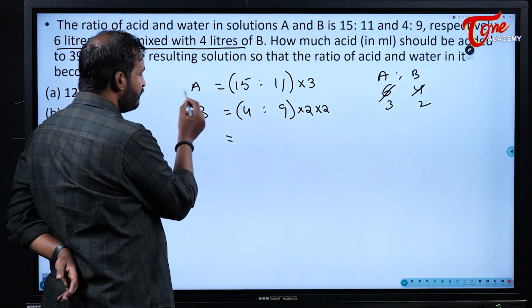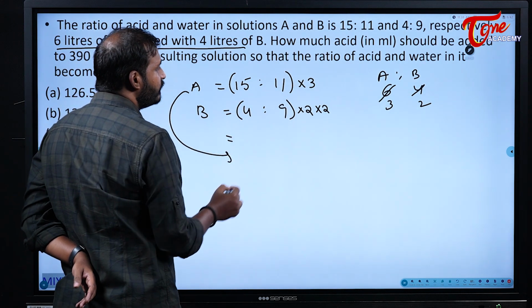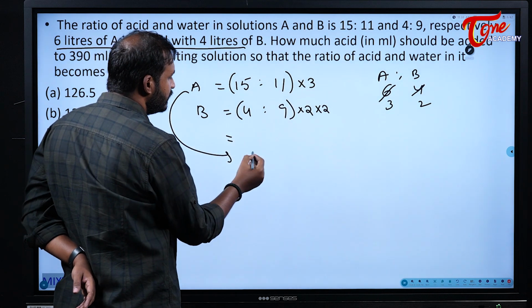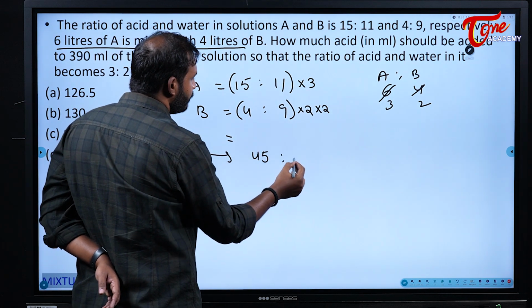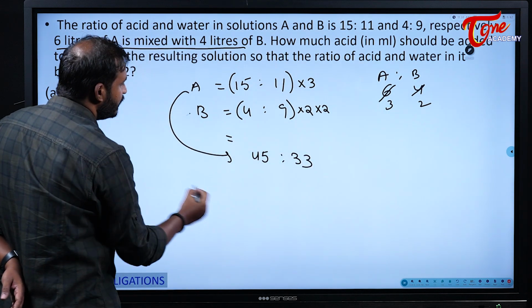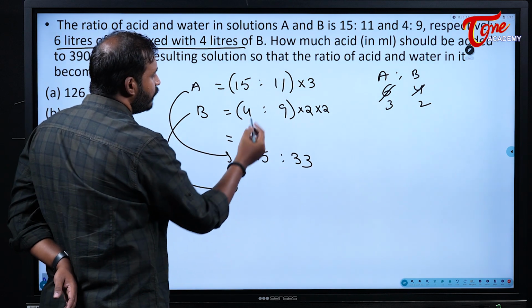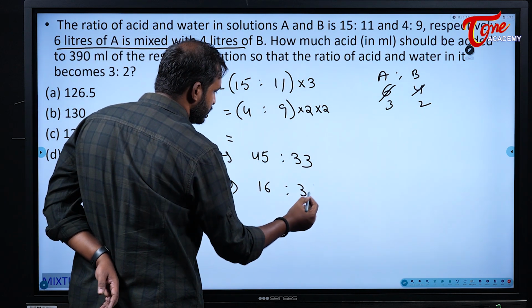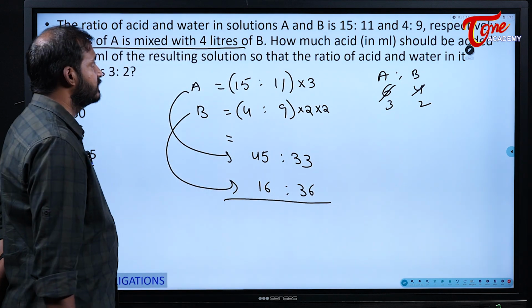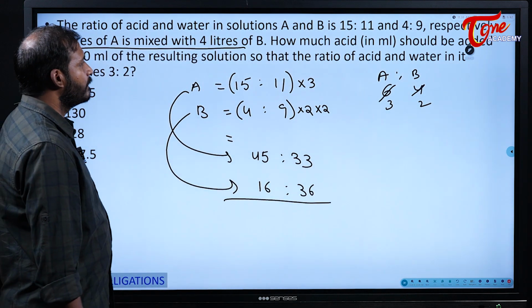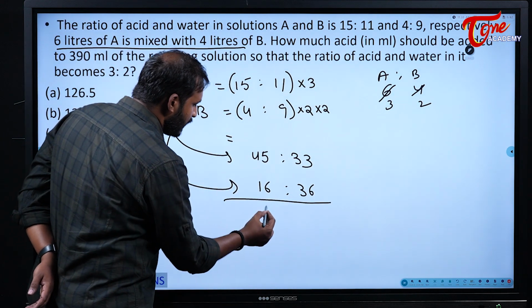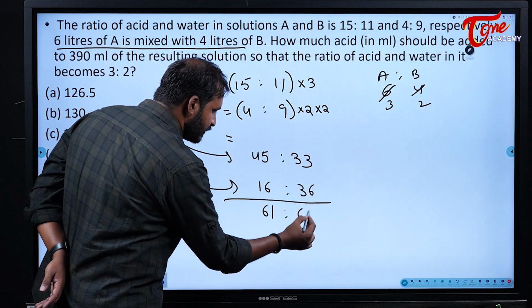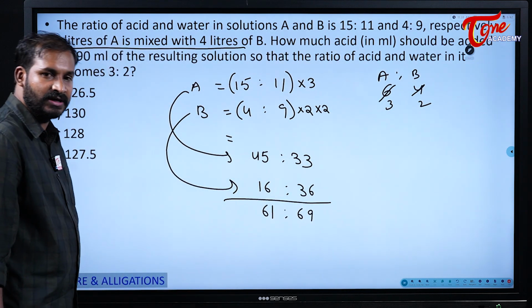My final output will contain 15:13, which means 45:33. And this one becomes 4 4s are 16 : 9 4s are 36. When I mix these two things, what happens? 61:69. Good, that became 61:69.